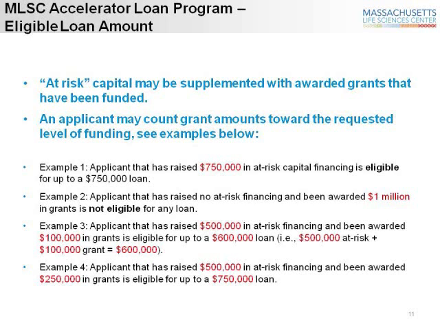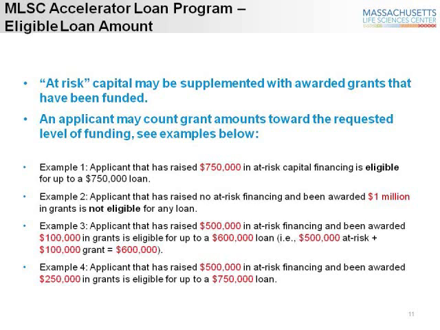If you have raised no at-risk funding and been awarded $1 million in grants, unfortunately you are not eligible for any loan, since the $500,000 at-risk financing is a mandatory requirement. If you've raised $500,000 in at-risk and you've been awarded $100,000 in grants, then you would be eligible for up to $600,000 in the Accelerator Loan Program.